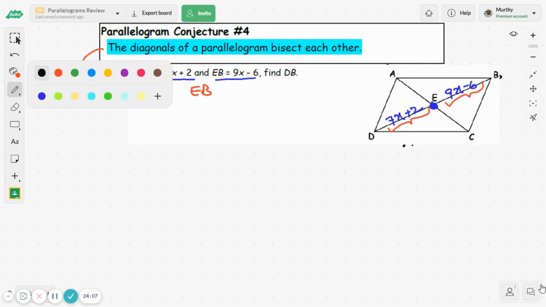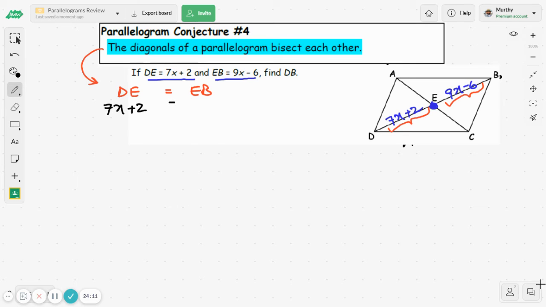Now let me plug in these values. 7x plus 2 equals 9x minus 6. Either on the left side or right side, you cancel the constant part. You know how to cancel out. We go for the inverse operation, that is negative 2 on both sides. So 7x equals 9x, negative 6 minus 2 gives you negative 8.